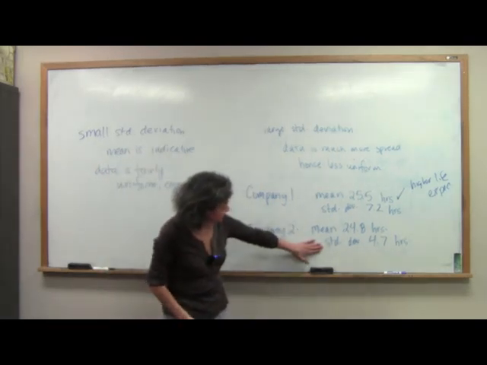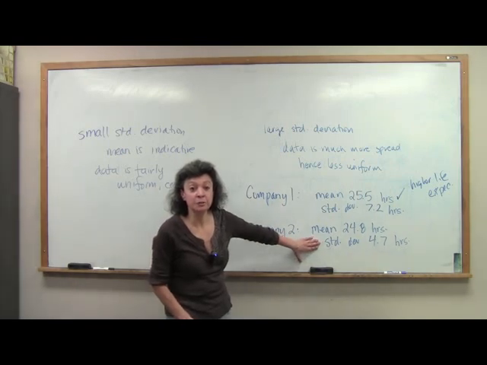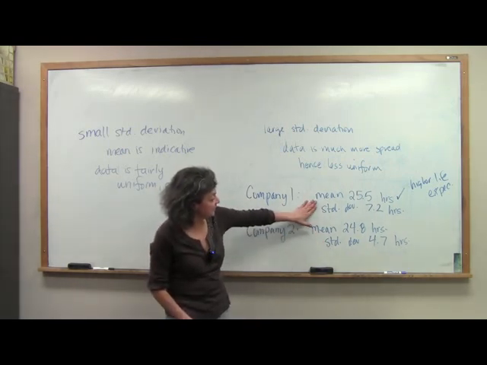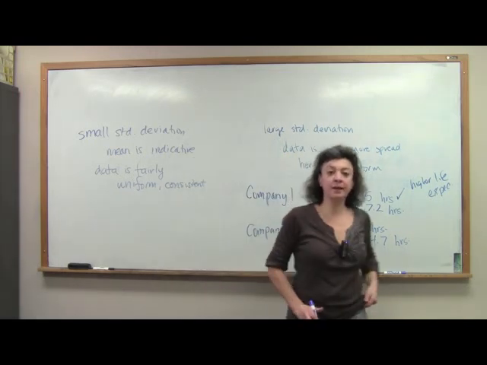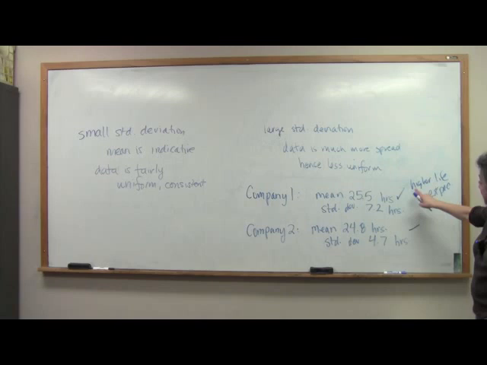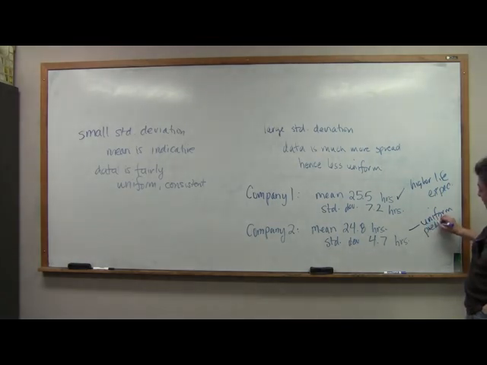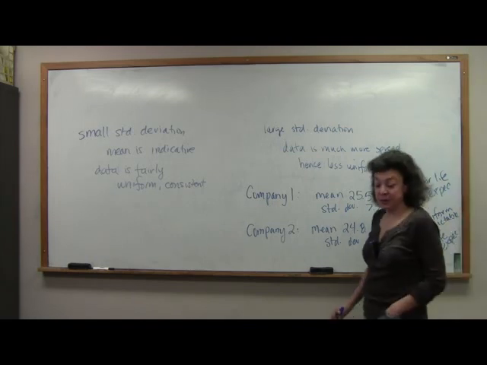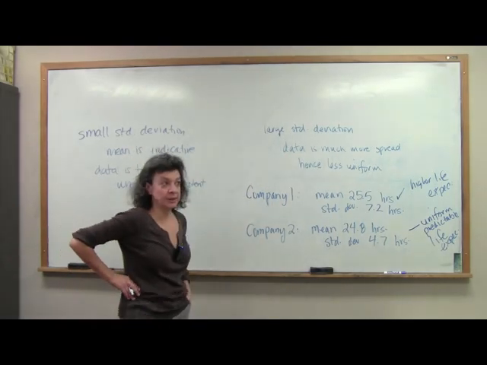This set is much more consistent and has a much more uniform life expectancy than this one because its standard deviation is so much less. Okay? So while these guys have a higher life expectancy, these guys have a more uniform or predictable life expectancy. Both of which pieces of information are extremely important to take note of.